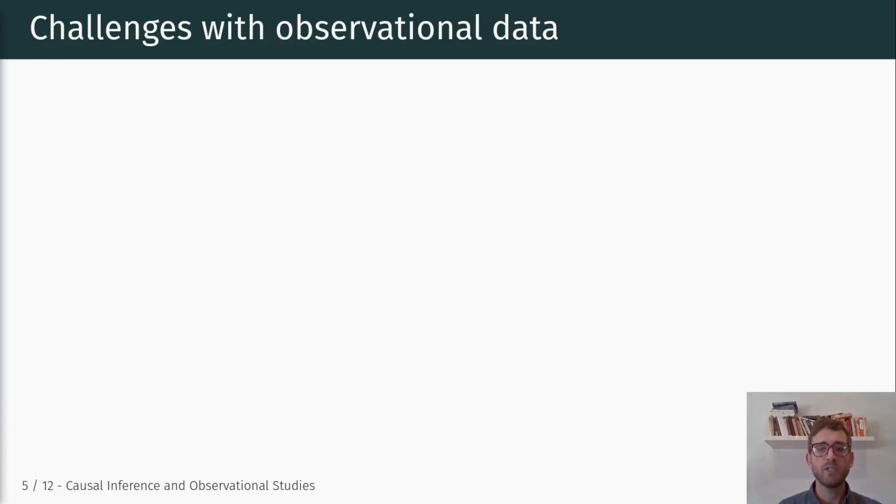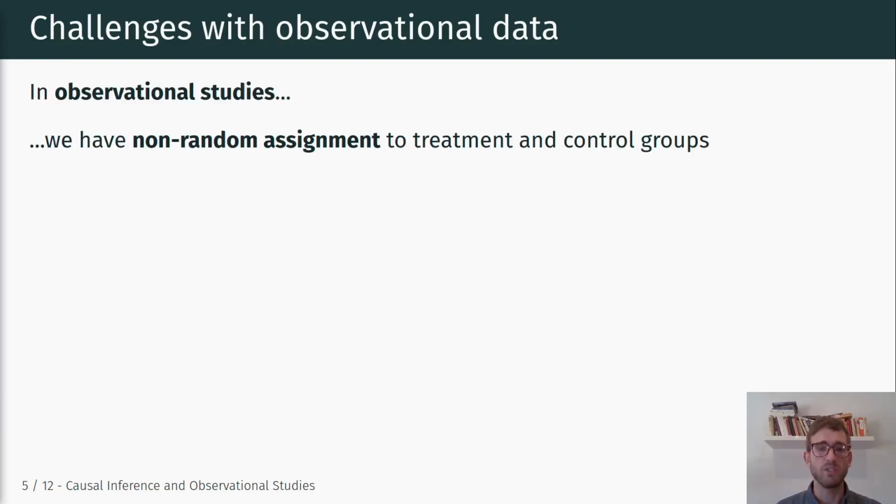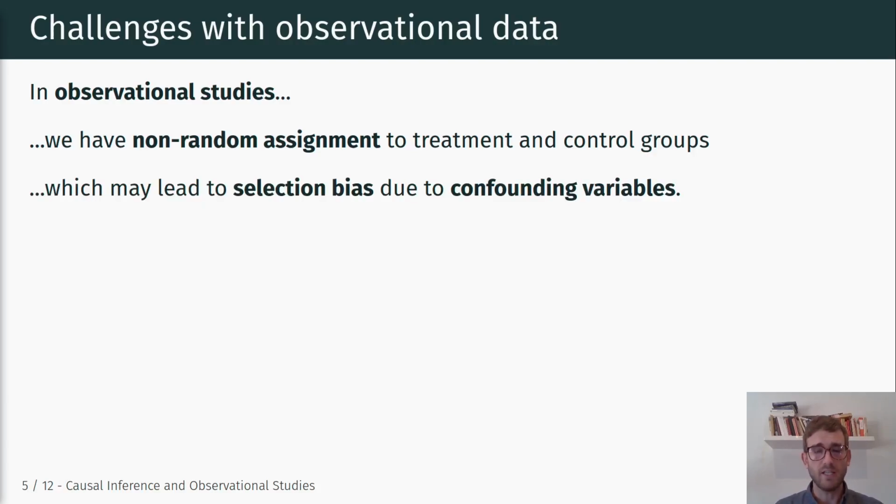Now in observational studies, things are a little more difficult, because we have non-random assignment to treatment and control groups. By definition, in an observational study, we don't control who gets the treatment and who is in the control group. That can lead to selection bias, with certain observations selecting into the treatment group and others into the control group due to confounding variables.